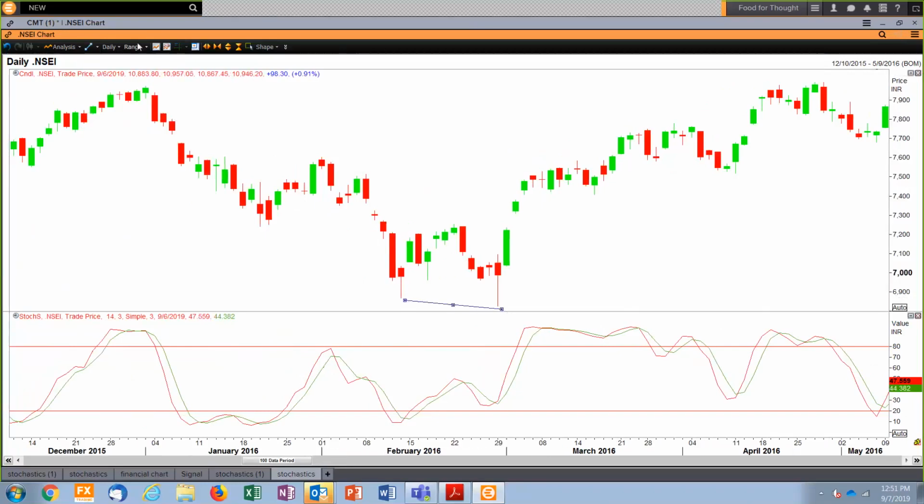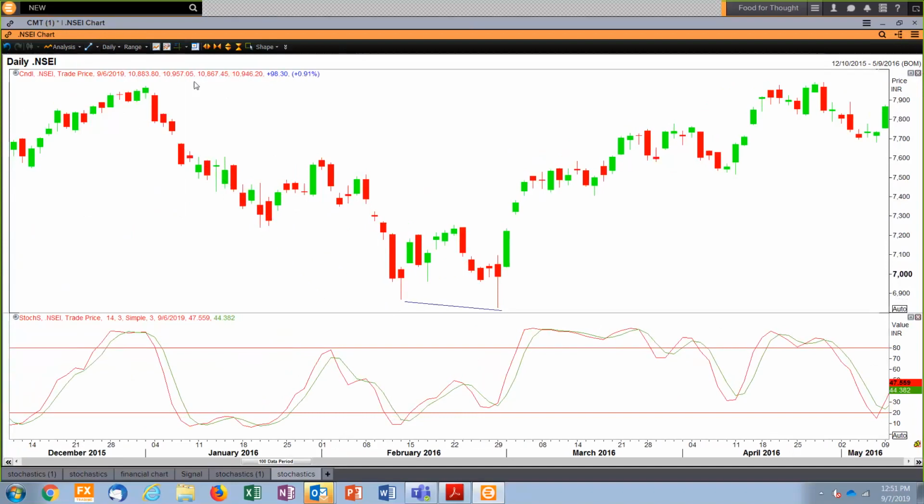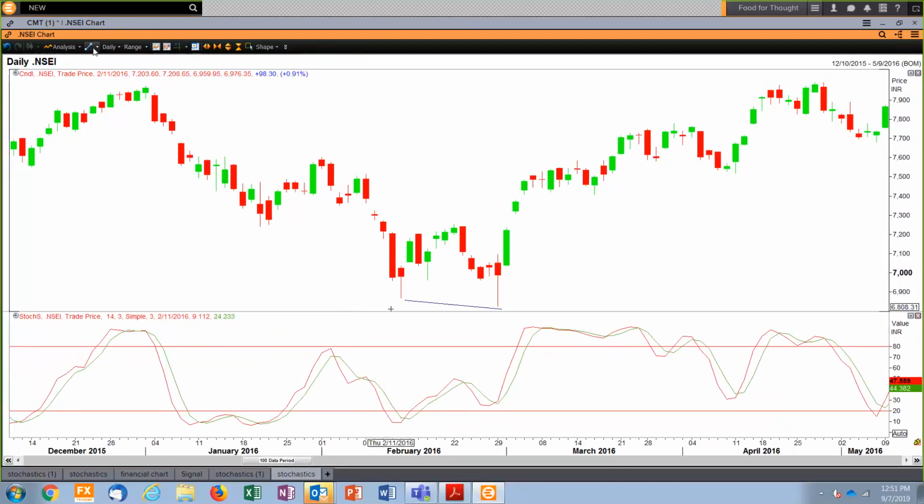You can see price is marking a lower low, but the stochastic is much higher. This is a very classical bullish divergence which was observed when Nifty was at 6,900. A new low was formed on this day, but it was not confirmed by the momentum, and soon after, the price recovered and we went to an altogether new market high.